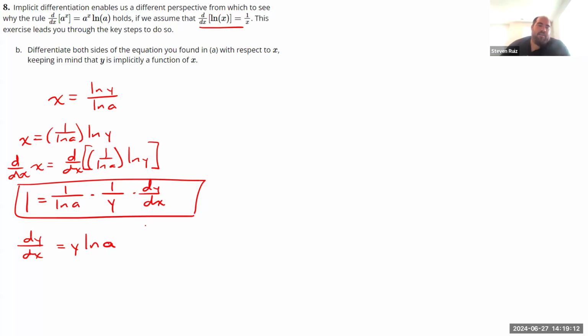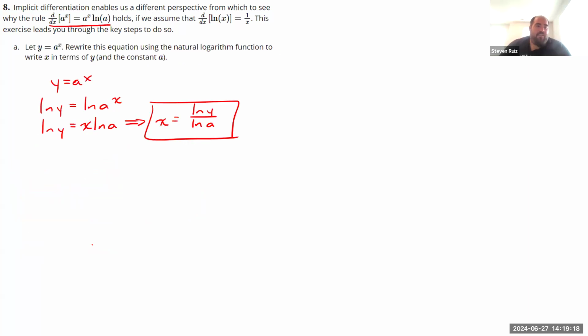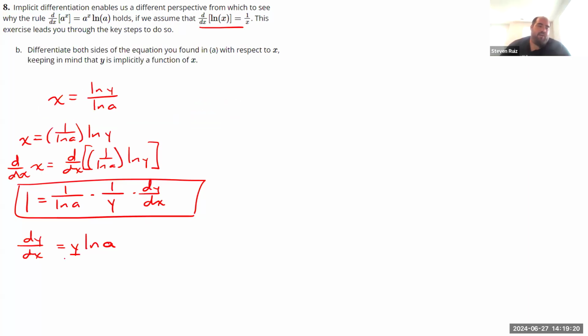The only variable I want to look at is x. So what do I know about y? Very early on, we said that y was equal to a to the x. I'm going to make that substitution now. With y equal to a to the x, we have dy dx equals a to the x times the natural log of a.